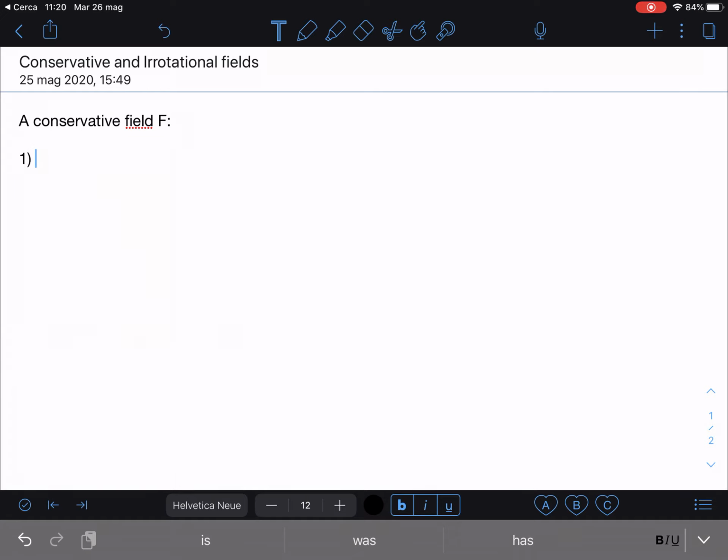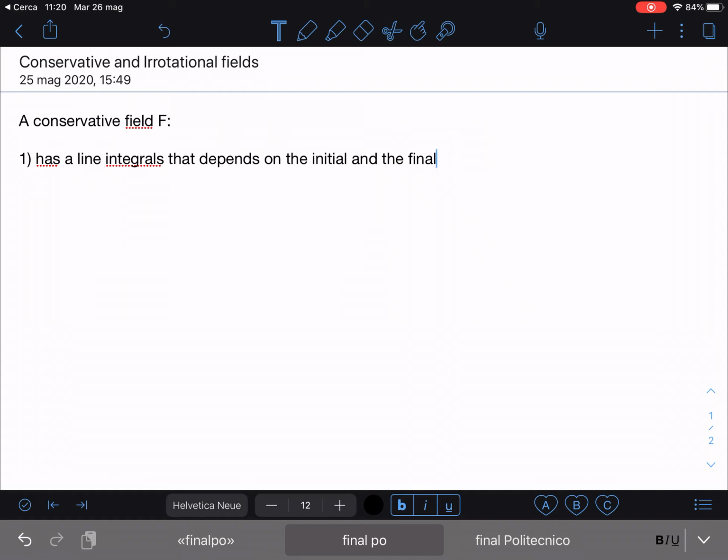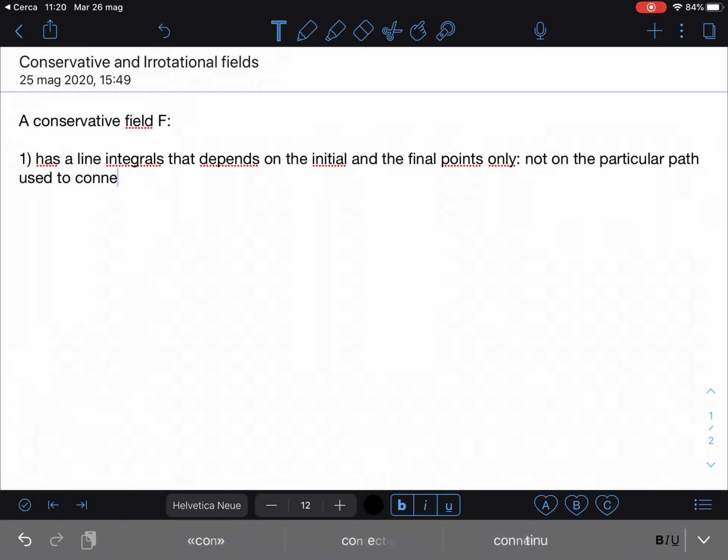The first: a conservative field has a line integral that depends on the initial and the final points, so not on the particular path used to connect the two points, the two extremes.